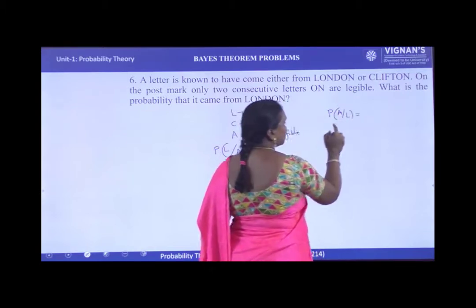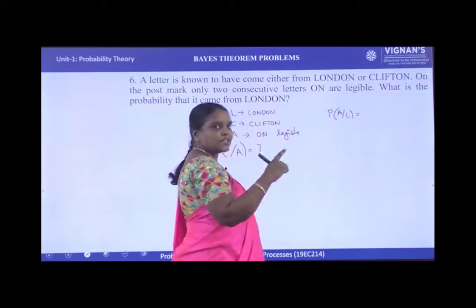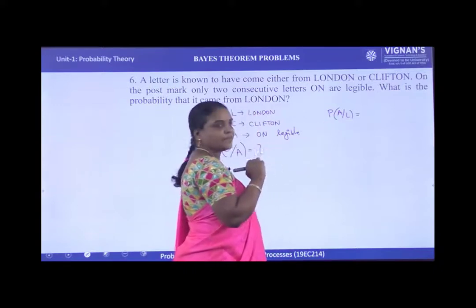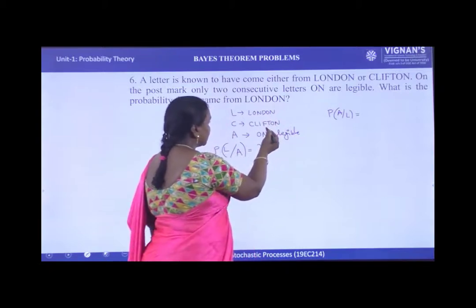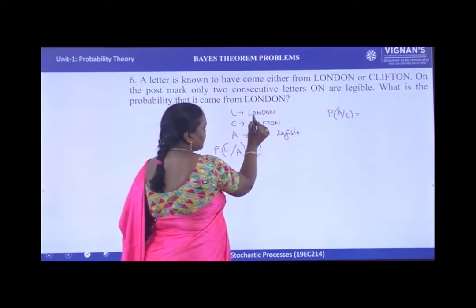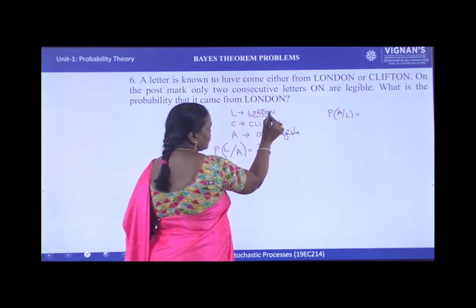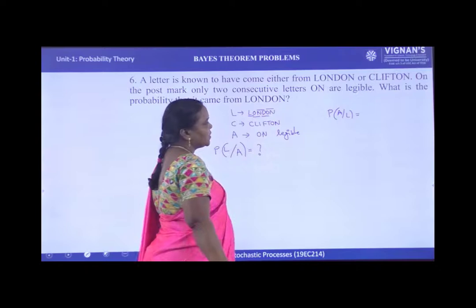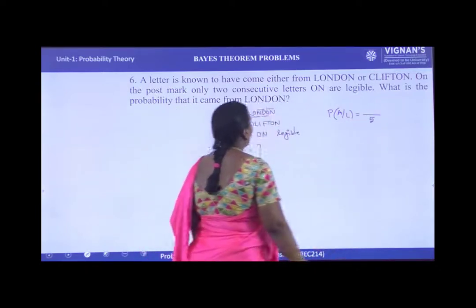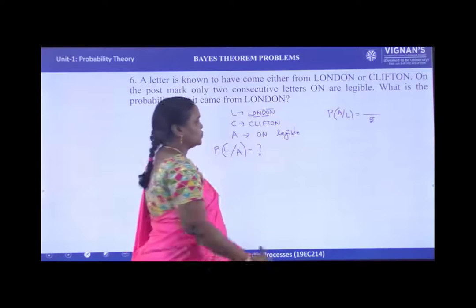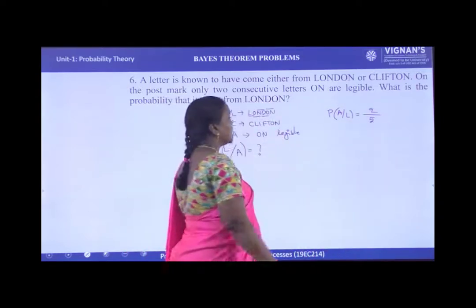That is, if it is from London, what is the legibility probability? In London, the consecutive letters are LO 1, ON 2, ND 3, DO 4, ON 5. So total 5 cases are there. Out of that, how many ONs are there? 2. So this is the probability.